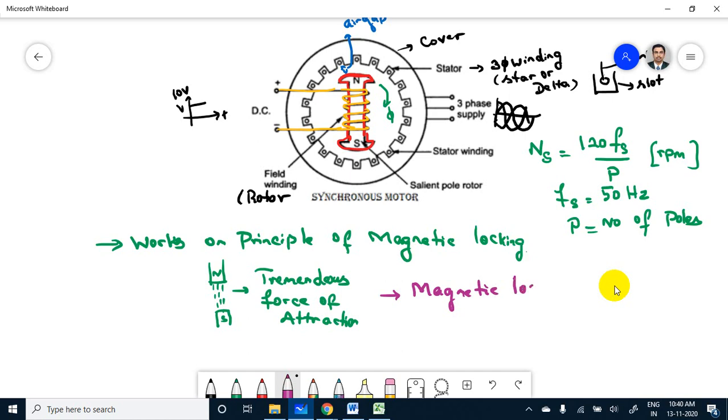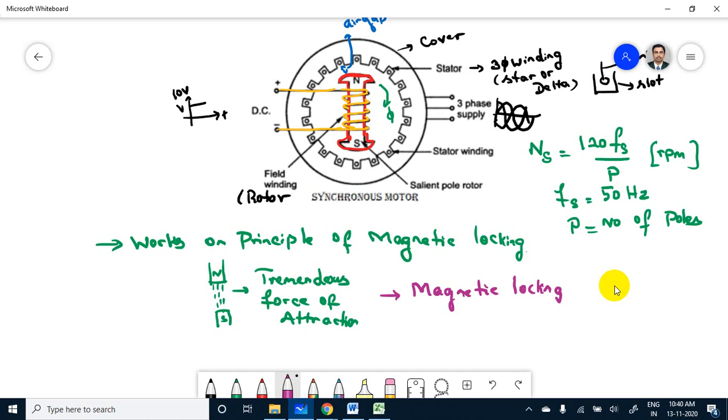Magnetic locking means when two unlike poles are brought near each other, if the magnets are very strong, there exists a tremendous force of attraction between these two poles. In such a condition, these two magnets are said to be magnetically locked. Okay, again I will explain.